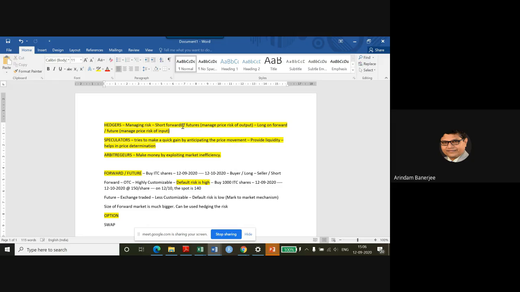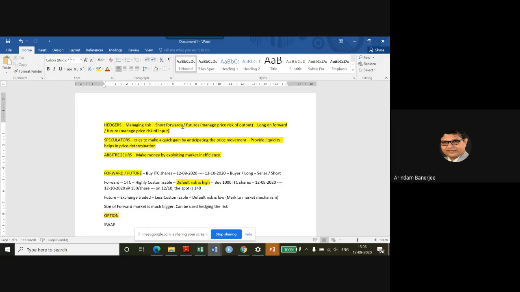Why? Because the players who take part in the forwards market are actually large players. So they won't default on their commitments because of their market reputation, brand name, etc. And the size of the forward market is much, much bigger compared to the futures market.